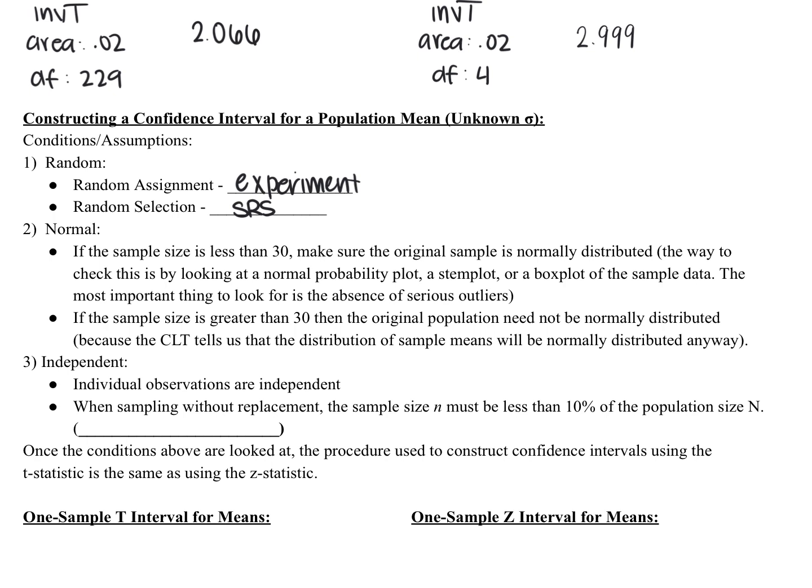The other is, if your sample size is greater than 30, then the original population doesn't necessarily need to be normally distributed. And then for independent, if you're doing an experiment, individual observations are independent, so we can really just assume independence there. But if you're sampling without replacement, then you have to check your 10% condition: your sample size n is less than or equal to 10% of your population.